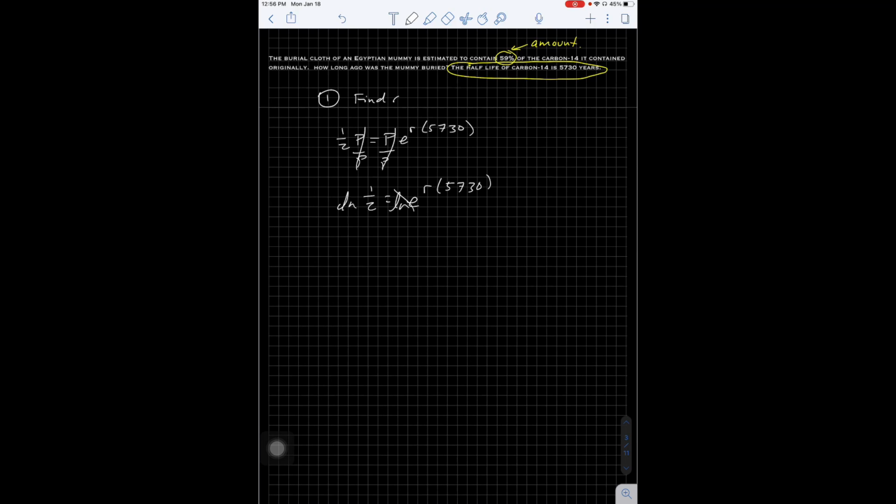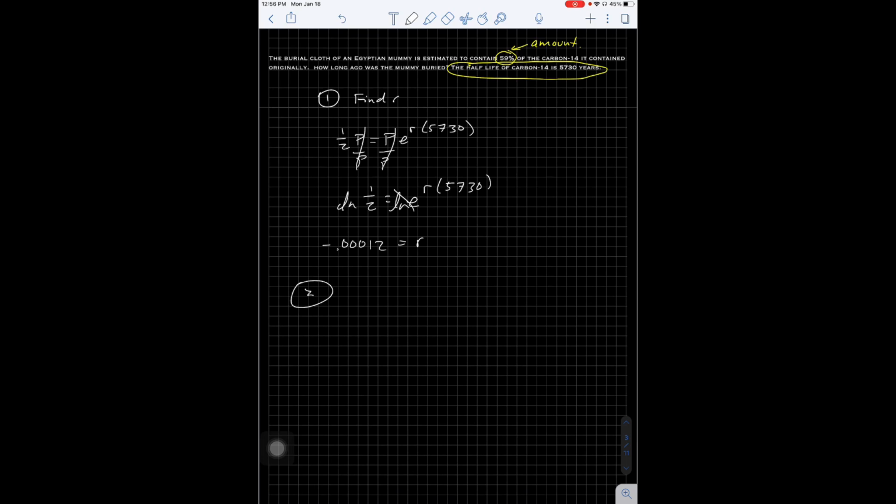Take the natural log of both sides. So R is going to be the natural log of 1/2 divided by 5,730. And so I get negative 0.00012. That's my R. And now I'm going to answer the question.